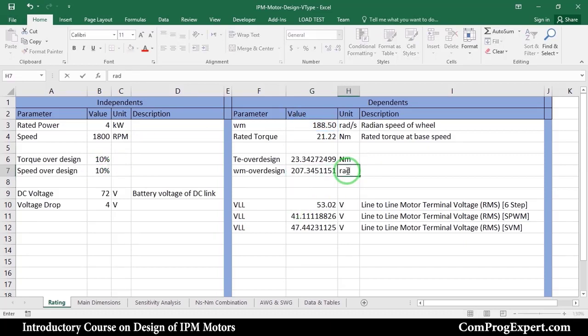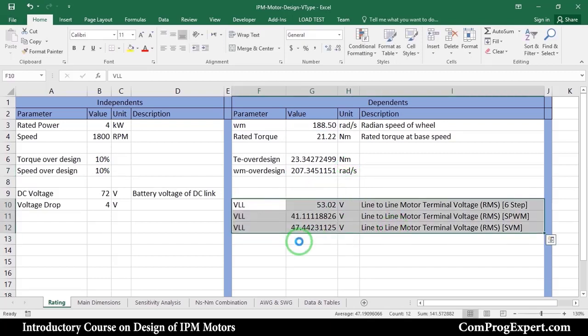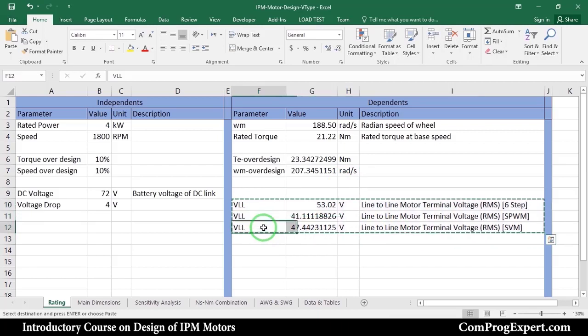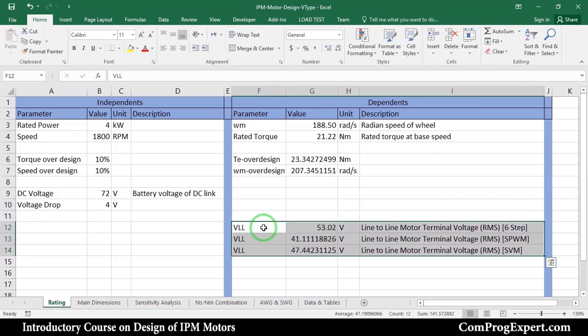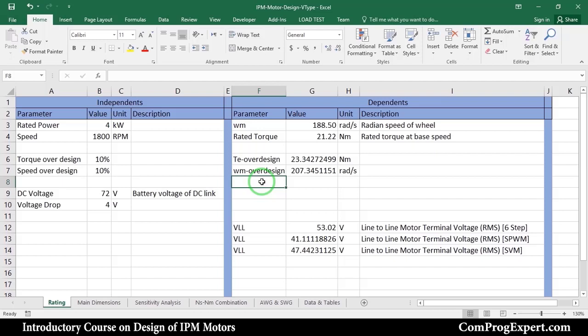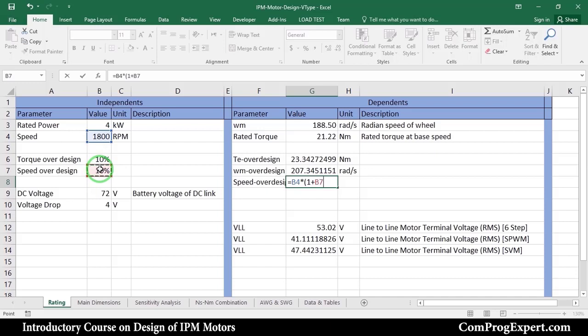The unit is radian per second, and let me write speed our design in RPM, that is equal to this times 1 plus our design in speed.